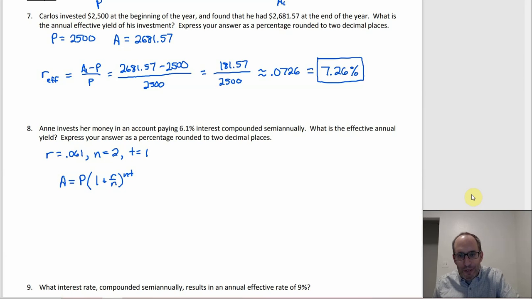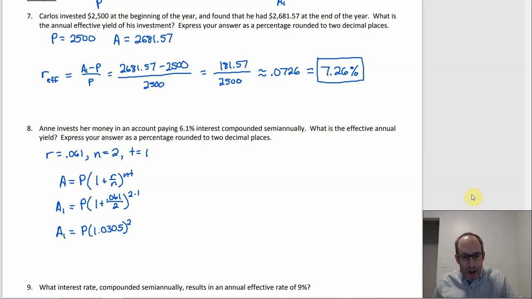So A sub 1 is going to be P times 1 plus 0.061 over 2 raised to the power of 2 times 1. Okay, so then A sub 1 is going to be P times 1.0305 squared.